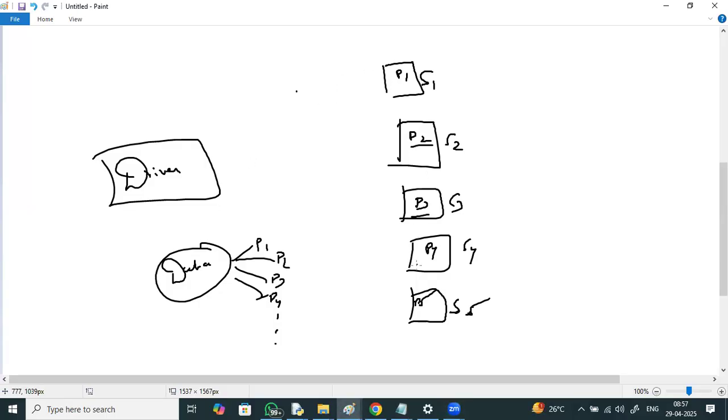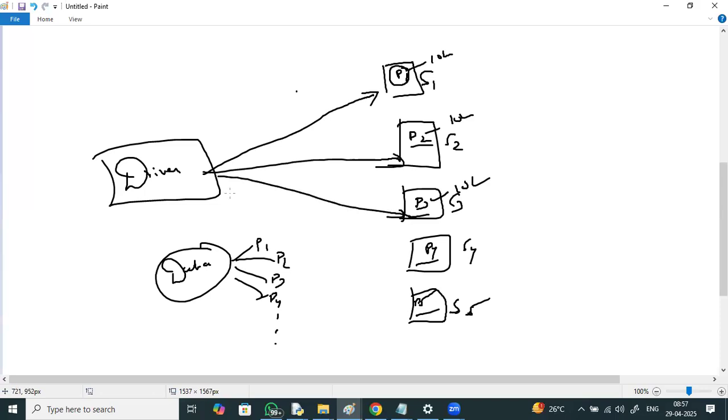The slaves execute them, but with what logic? Suppose there are 10 lakh records in P1. With what logic do they have to be executed? The driver provides the logic to each and every partition, to each and every slave, that is, worker node.